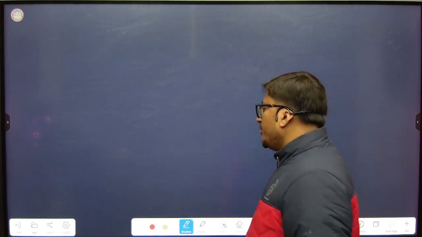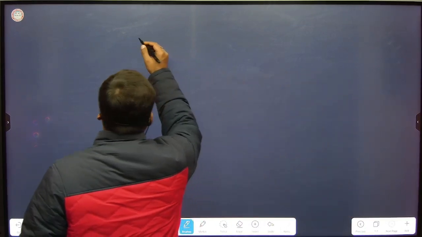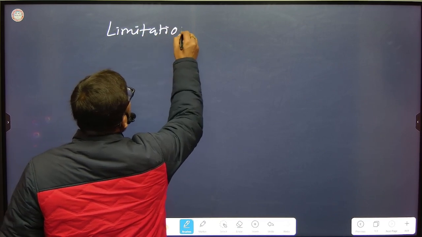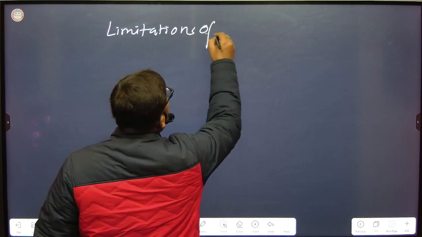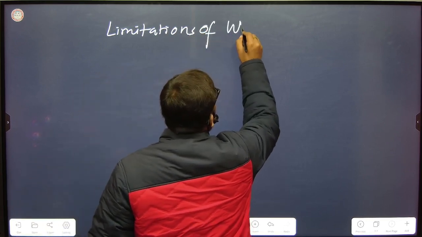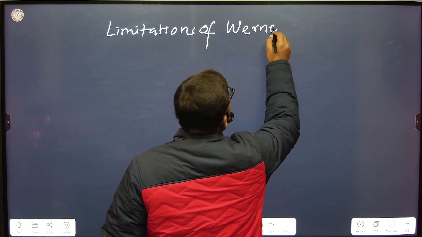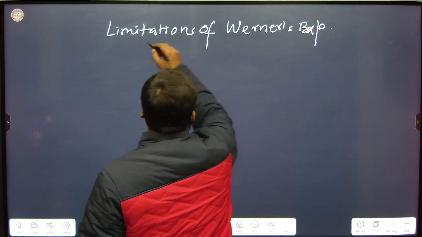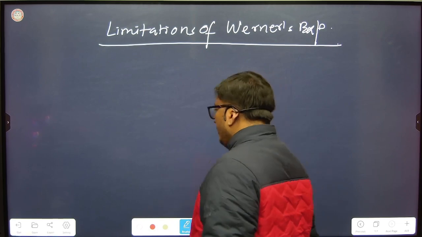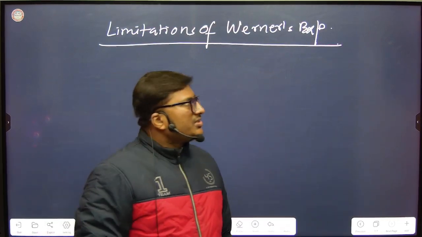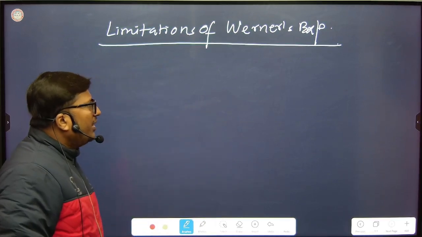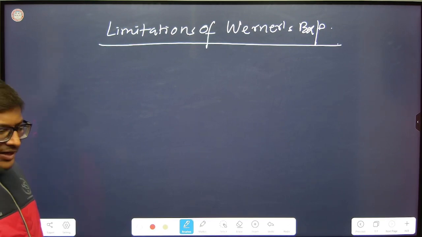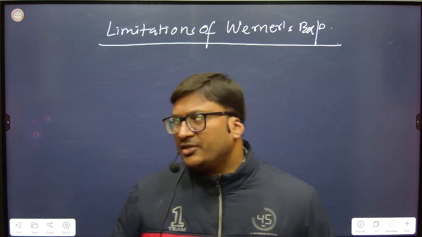Okay, so but limitations of Werner's experiment. Whatever experiment Werner performed, he was not able to explain the color of the complex, right?